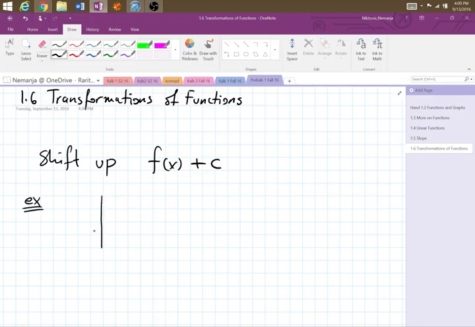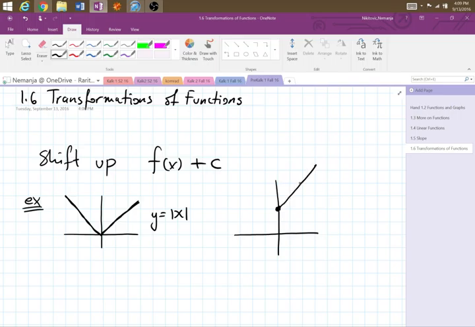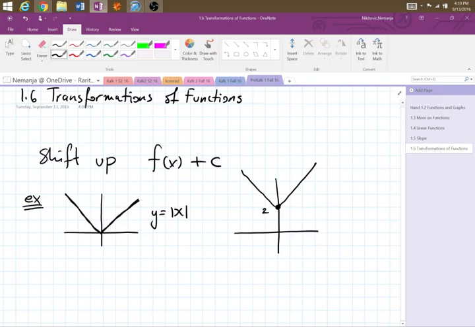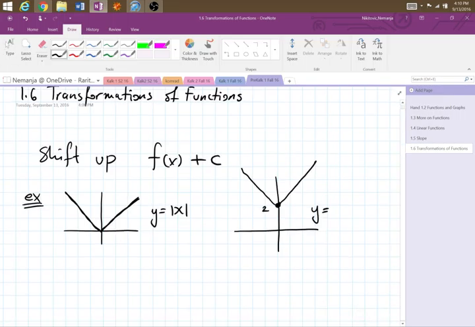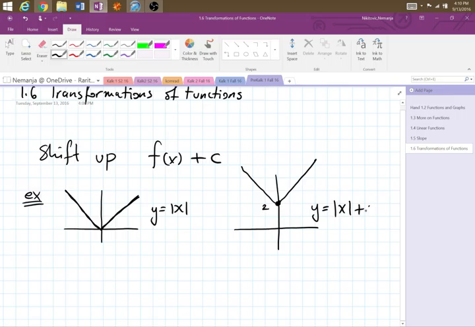Let's say you have the absolute value function, which is the v-shaped function, and this is y equals absolute x. If I want to shift this function, say 2 units up, and start at 2, and have an identical function, well, my formula has to look like this.